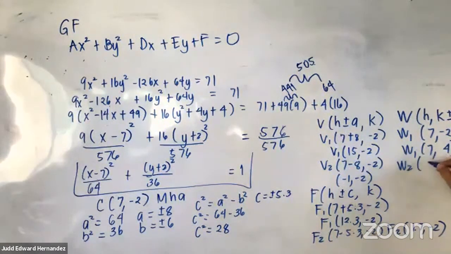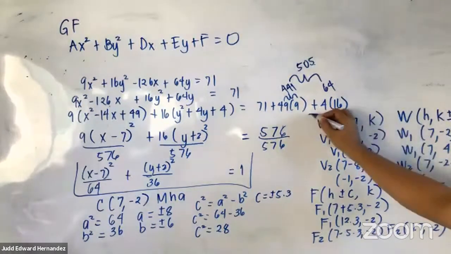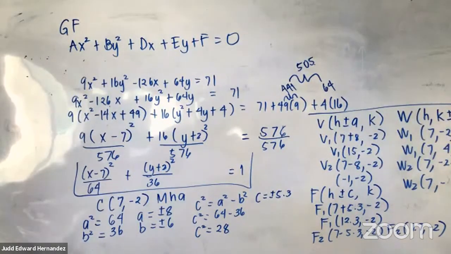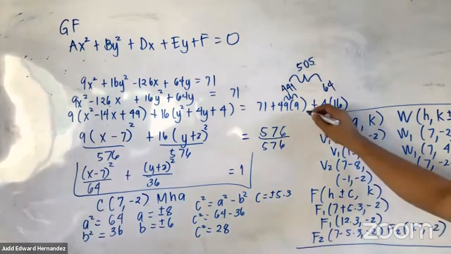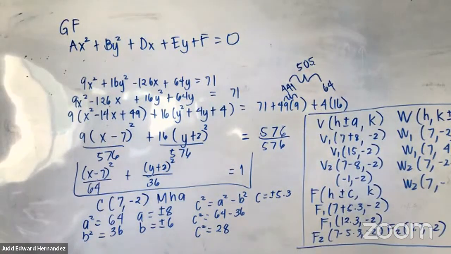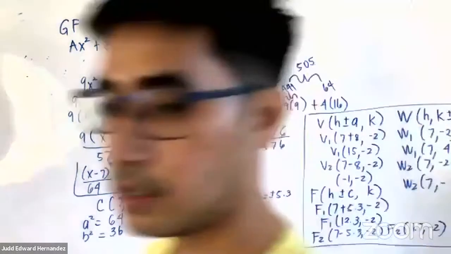Our W2 now is 7, negative 2 minus 6, therefore W2 is 7, negative 8. So these are now the endpoints of the vertices, the co-vertices, and the foci. Questions? I will not anymore plot these points, so kayo na guys yung mag-plot.